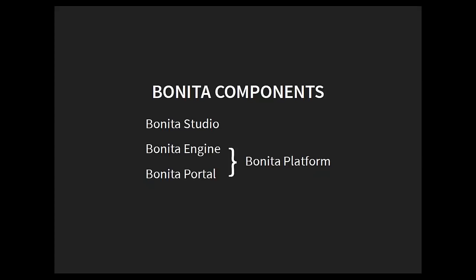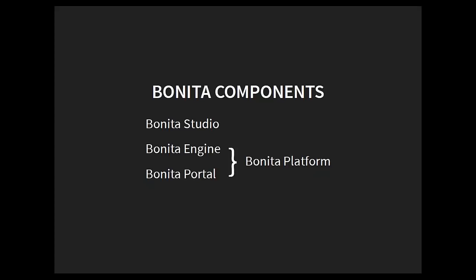And you see that we have another component called the portal, and the portal is linked to the engine because it's basically a way to administrate what is deployed and how things are running on the engine. The portal is a web application provided by default, and it will be really helpful to administrate, but we also provide a default view for the default kind of user that will use the applications we are building.